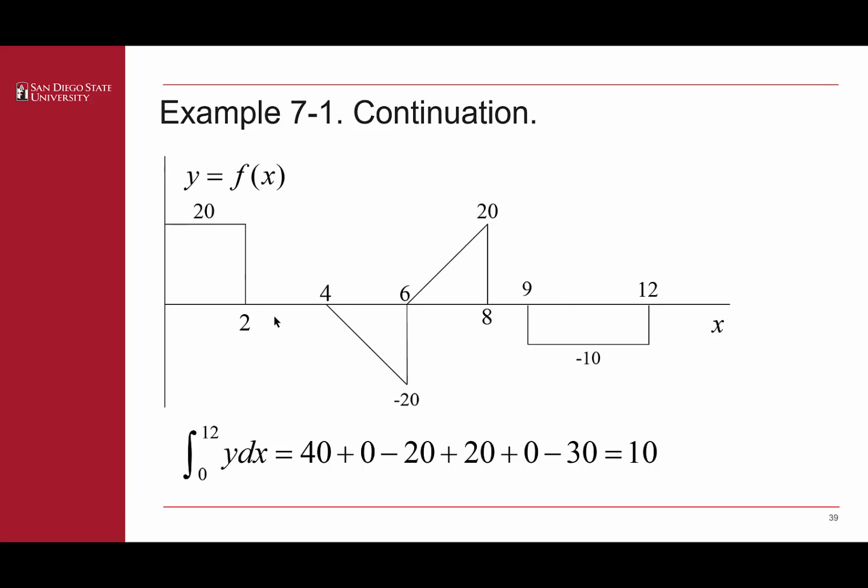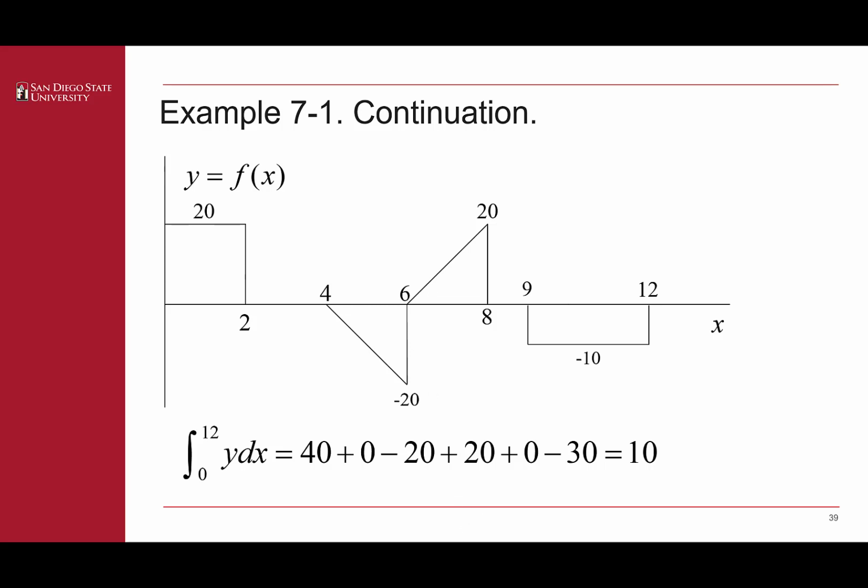And in the second part, we have a straight line. There is no area between this line and the x-axis, so it's 0. And then we have a triangle. The area of this triangle can be calculated using its specific formula, and it's 20, but it's on the negative side, so we have to subtract this area from the original sum.